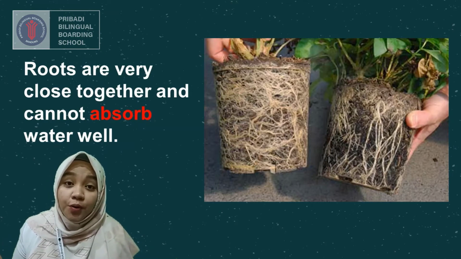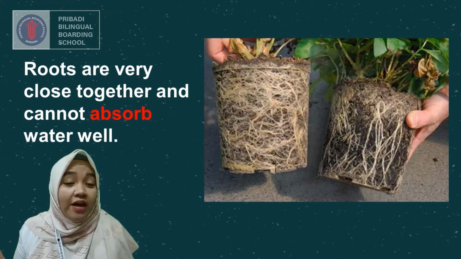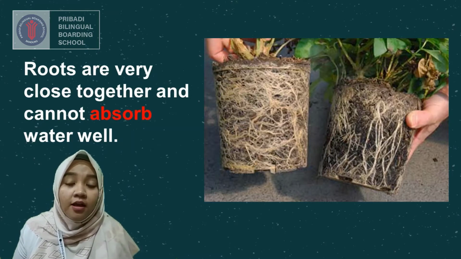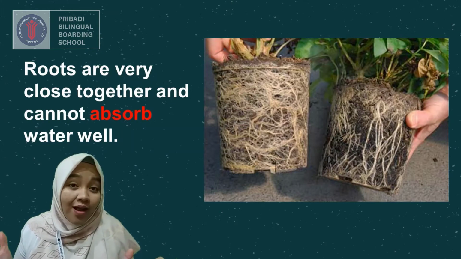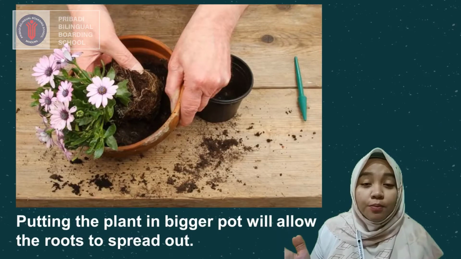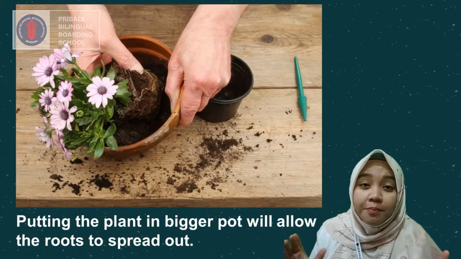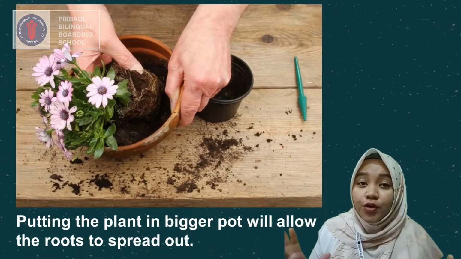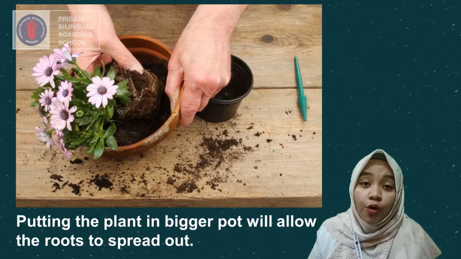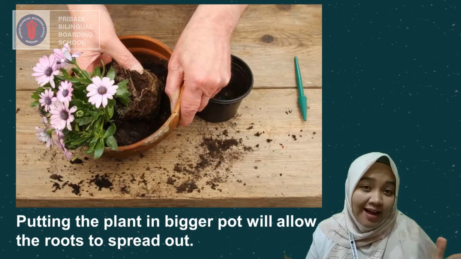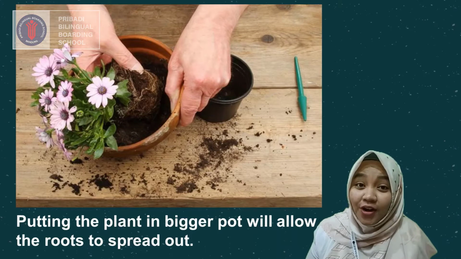And as we know, water is very important for the plant. When the roots cannot absorb the water, the plant will not grow well. Putting the plants in a wider pot will give the roots more space to grow so they can also spread out and look for the water.